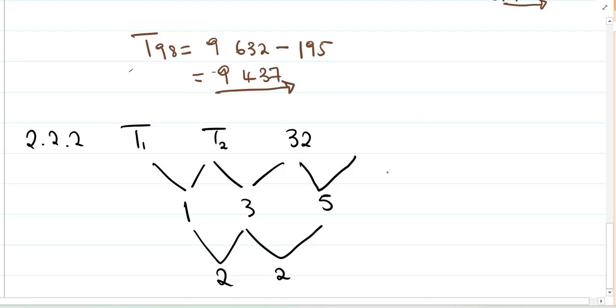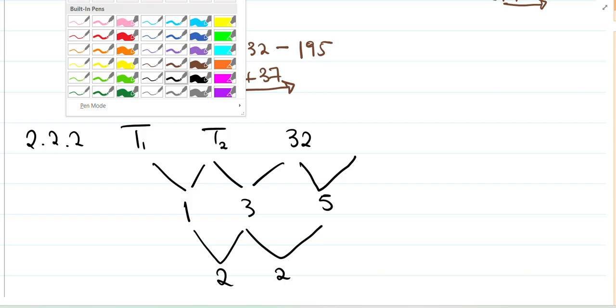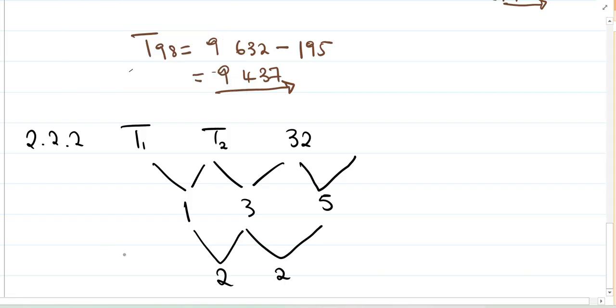So the question says determine the general term. How do we find the general term? This is how we find it. 2a will always be equivalent to the second difference. 3a plus b will always be equivalent to the first term of the first differences.